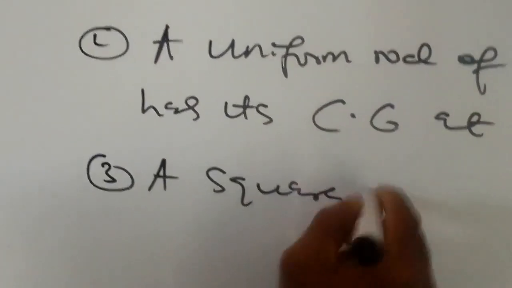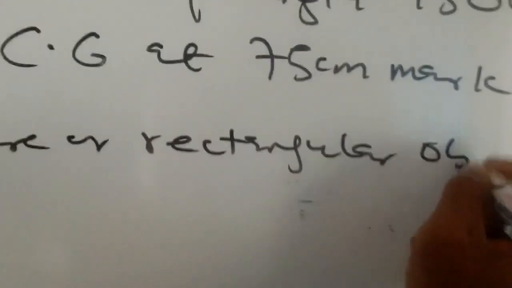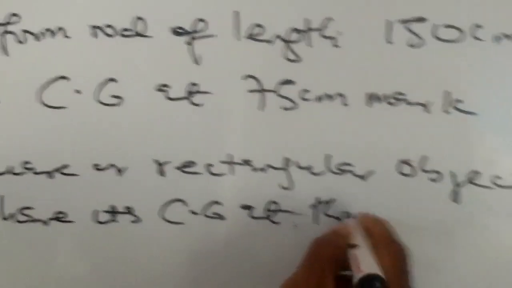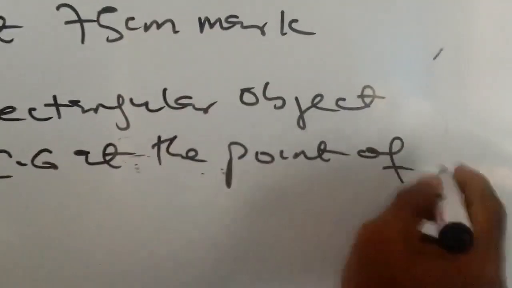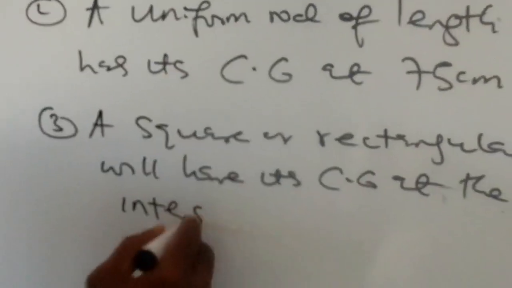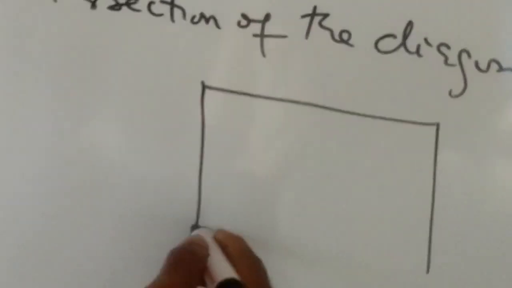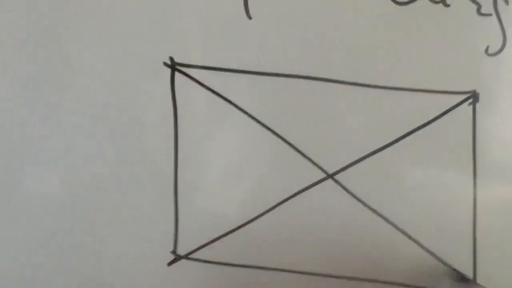Then a square or rectangular object has its center of gravity at the point of intersection of the diagonals. So for instance, let this represent a rectangular object. The diagonals will intersect at the center.